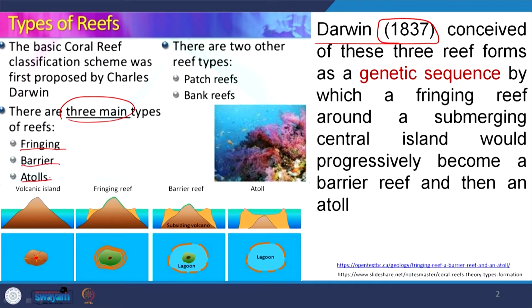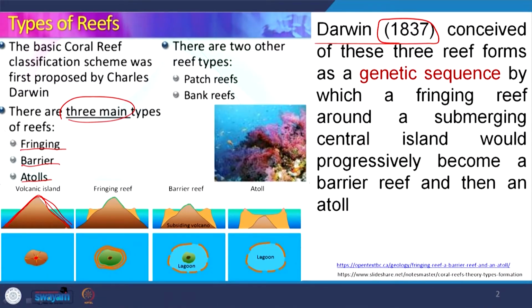For the fringing reef, if you see the figures given below, suppose we have a volcano, and with time we create a volcanic island. As we know, coral reefs are very sensitive to the temperature of water. They are basically warm water species, and the water should not be less than 18 degrees Celsius.